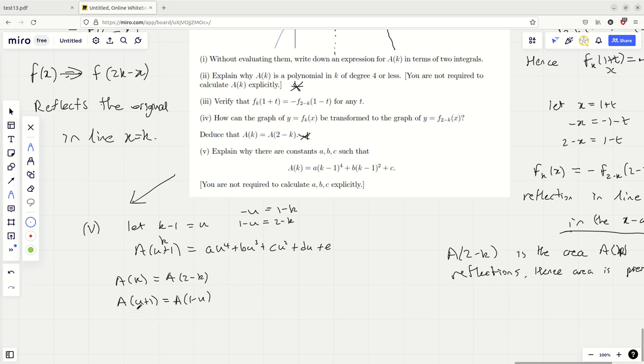But the point is, because that's the same as that, what we also know is, and here I'm just saying let a of u plus 1 equal that, then a of 1 minus u is, of course, a times minus u to the power of 4 plus b times minus u cubed plus c times minus u squared, and so on.